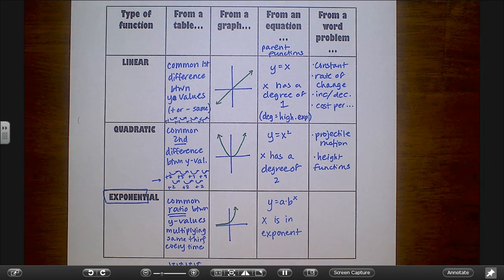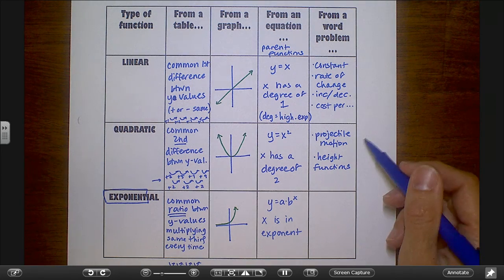I believe the example, if you remember it, was comparing a little league baseball player and some guy throwing a football off of a building or something like that. So that's what you typically see with quadratic functions.